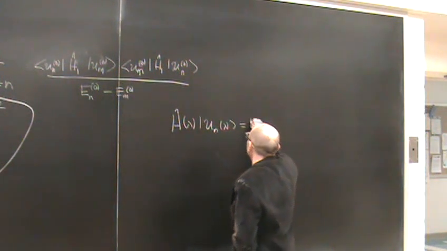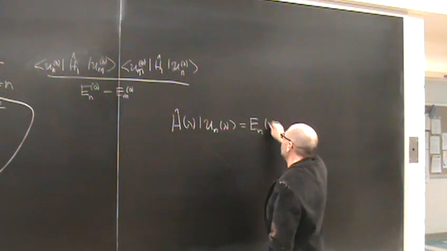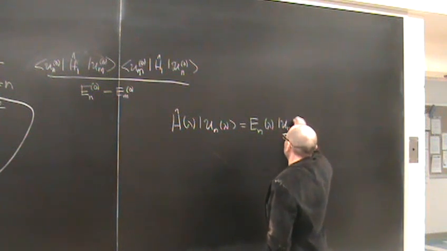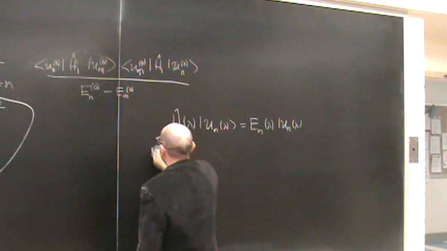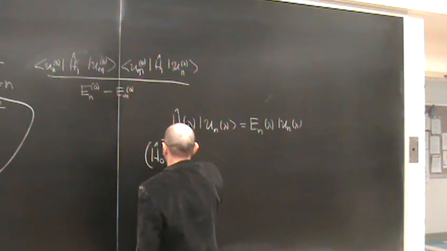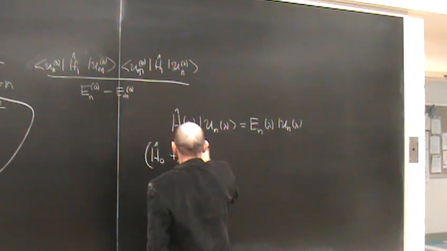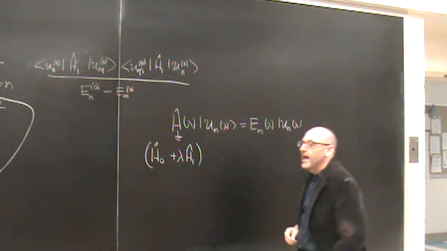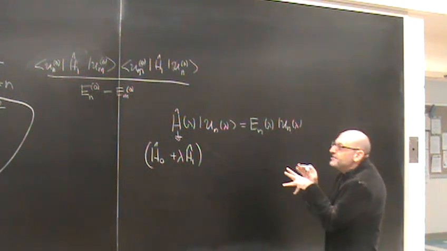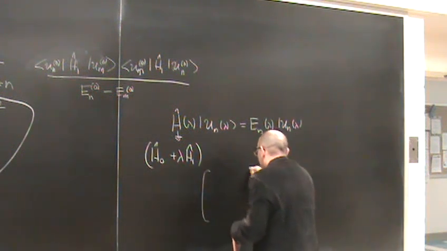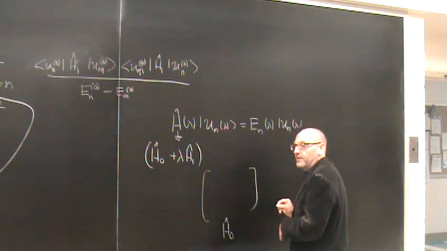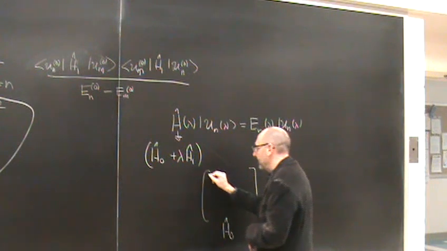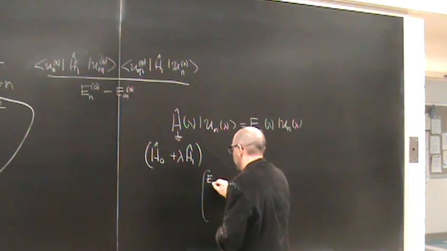Forget about the eigenvectors for a moment. I want to find the eigenvalues of this matrix H. This matrix H itself is a sum of two matrices.